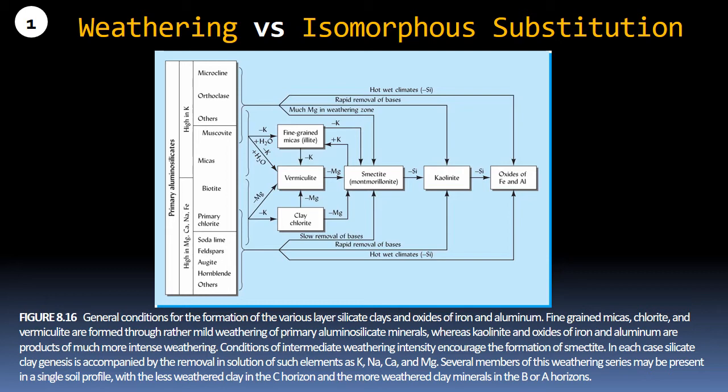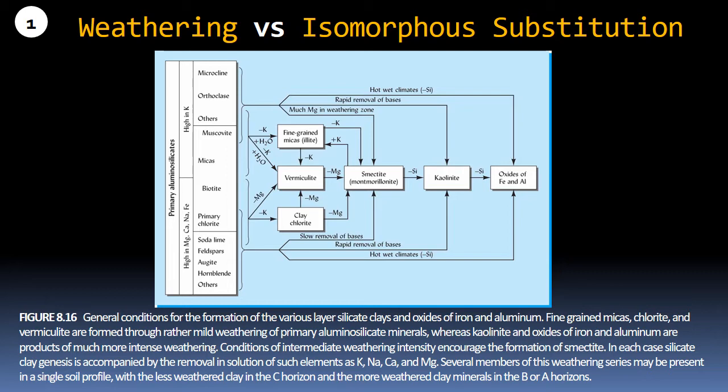And in this condition, if we trace the muscovite here, which is a primary mineral very rich with potassium, as it undergoes weathering, you would see in the arrow that minus K, the minus sign here, means losing. So undergoing this weathering, it will disintegrate in size and also be chemically altered to fine grained mica. And during this alteration, it lost some of its potassium.